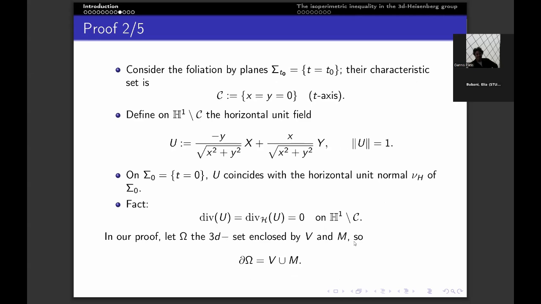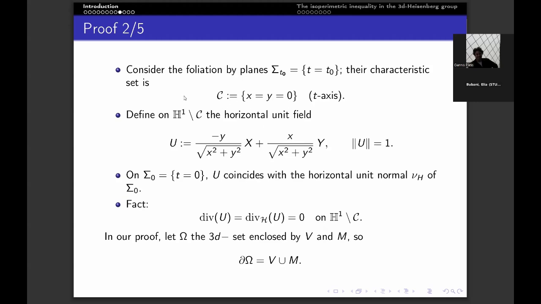Then we consider the foliation by planes of this form here that are perpendicular to the t-axis, and these planes are the leaves of the foliation. So we have that the characteristic set, let's call it C, is the set of points in the t-axis.